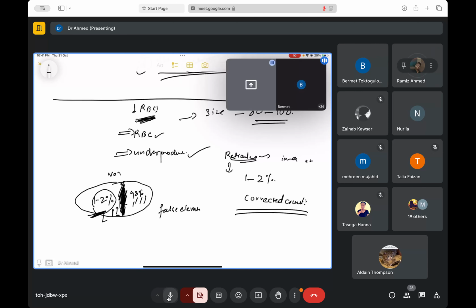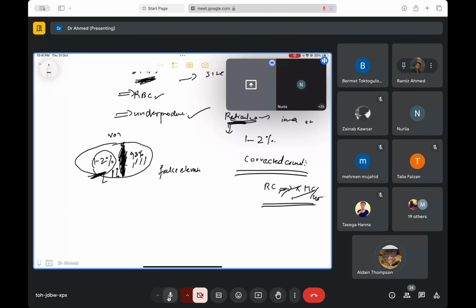So in order to have a good idea whether the reticulocytes are made or not, we are going to use a term known as corrected count. How to use corrected count? Just take the reticulocyte count and multiply it with hematocrit divided by 45. So you are going to see the corrected count. This is a formula, you guys must remember that.